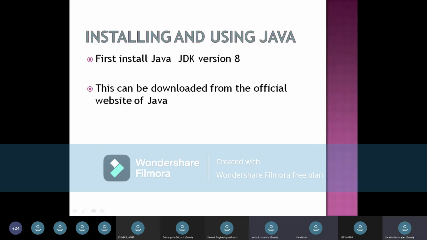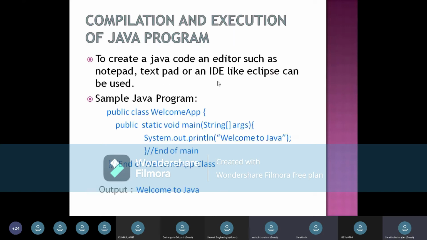You can get it from the official website of Java, Oracle. If you want to write and compile your program, first you should create Java code in an editor. You can use the Eclipse editor, or you can just open a notepad.